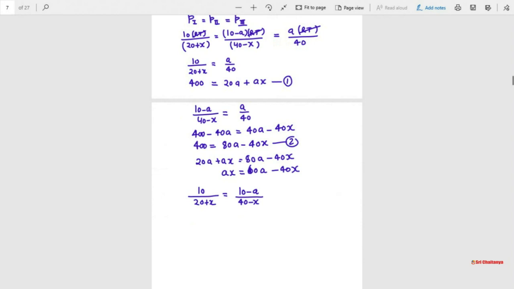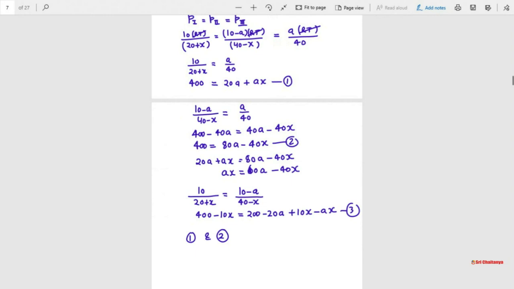So again, if I multiply, I am writing 400 minus 10x is equal to 200 minus 20A plus 10x minus AX, right? So using these equations, this is the third equation. I think that using the first and second, we can simplify it.